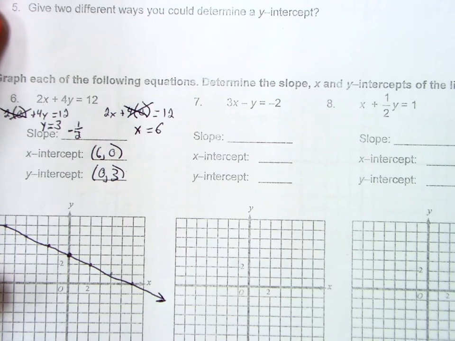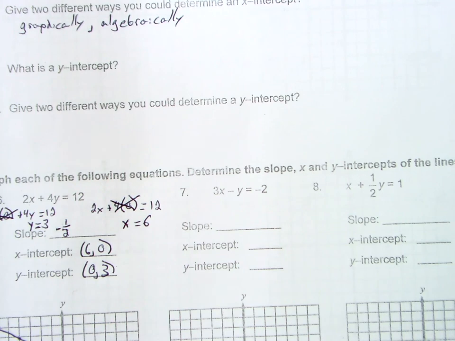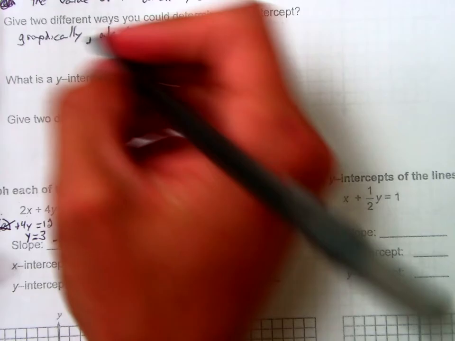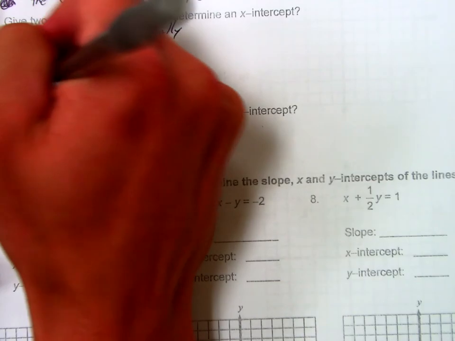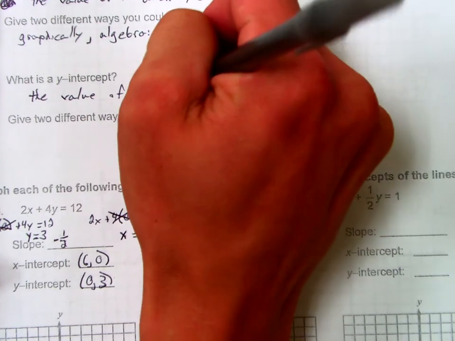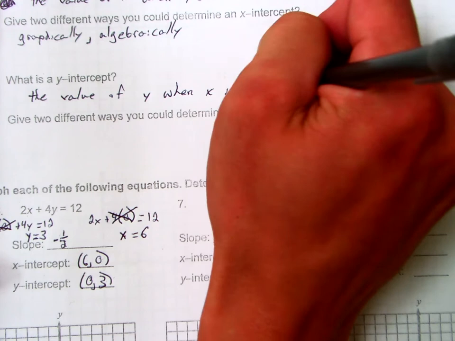The same goes for what is a y-intercept? Well, the y-intercept is the value of y when x equals 0. So I'll just say that exactly: the value of y when x is 0.